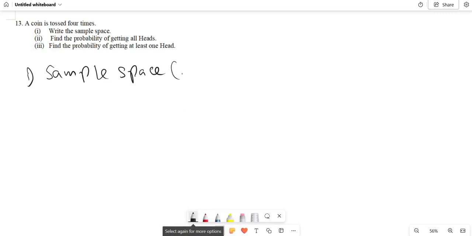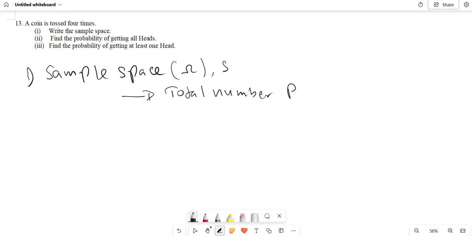Now, what is the sample space? It is the total number of possible outcomes in an experiment.